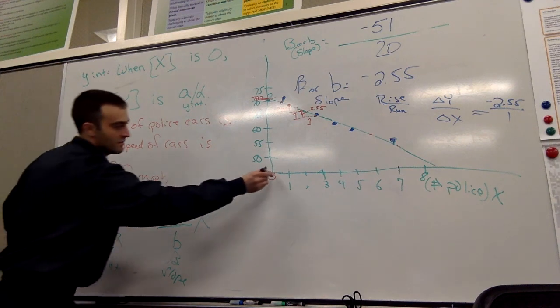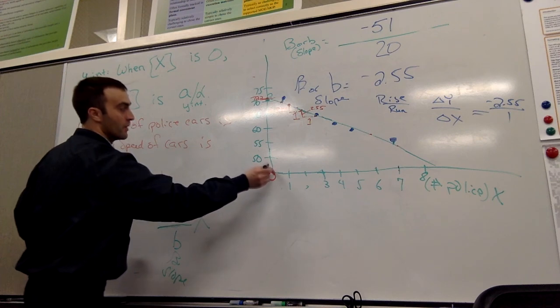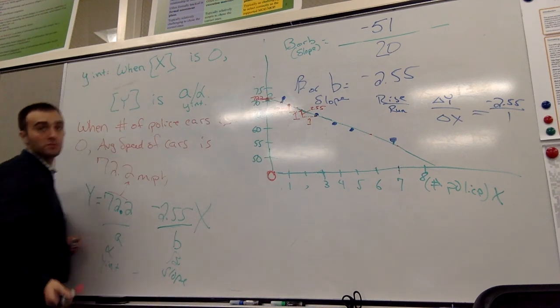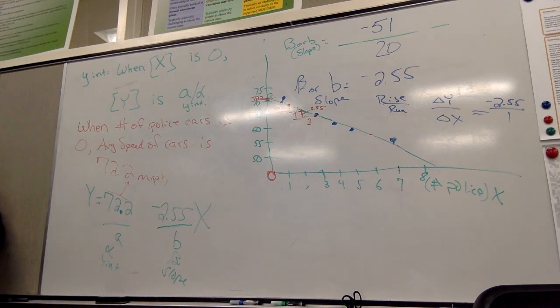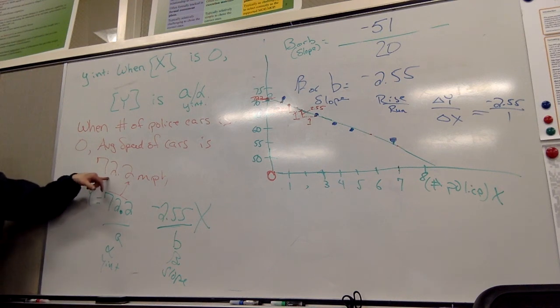So when x is 0, where does that line hit the y-axis? It's 72.2. When x is 0, what is absent? Well, we're measuring number of police cars, so number of police cars is 0, we can guess the average speed. Our best guess is going to be 72.2 miles an hour.